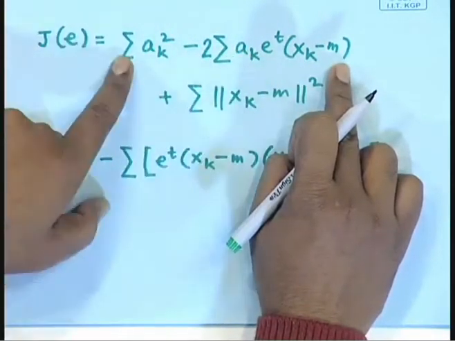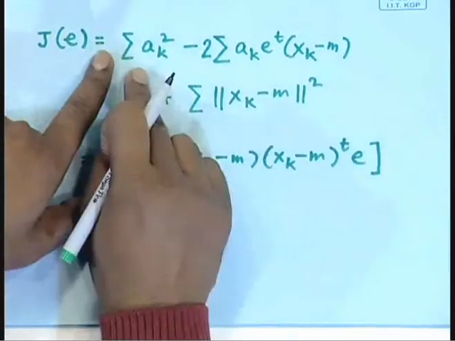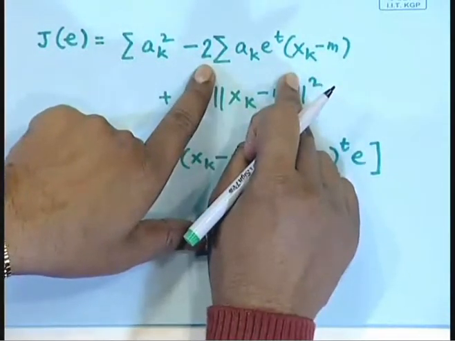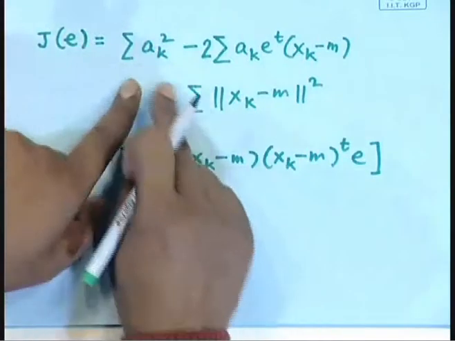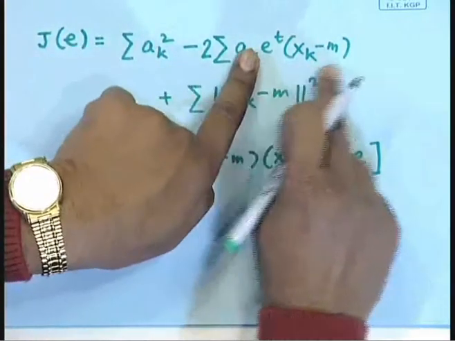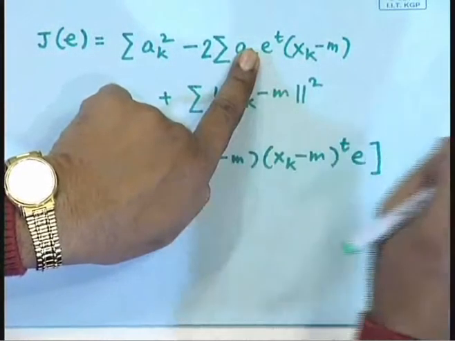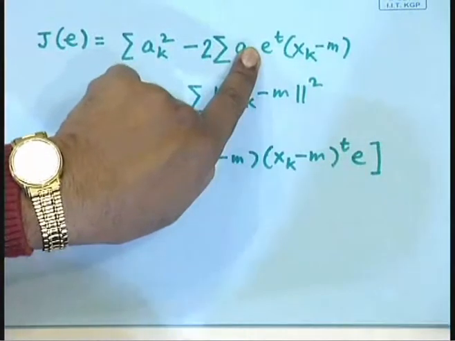So, effectively I have minus A k square plus A k square minus 2 A k square. So, I have minus A k square, and A k is nothing but E transpose x k minus m. So, it is minus summation of E transpose x k minus m square.